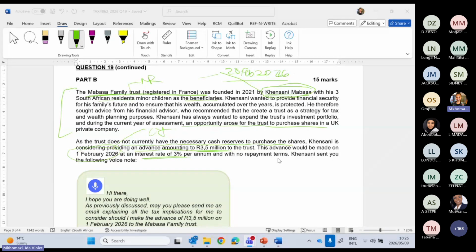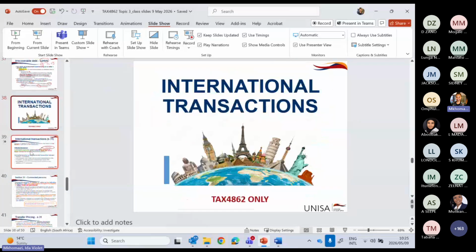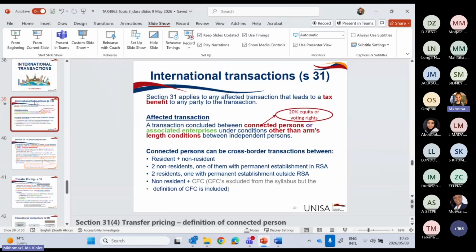Okay, so as I said, this was a transfer pricing question, and just brief principles on transfer pricing or Section 31. Section 31 applies to what we call an affected transaction that leads to a tax benefit.